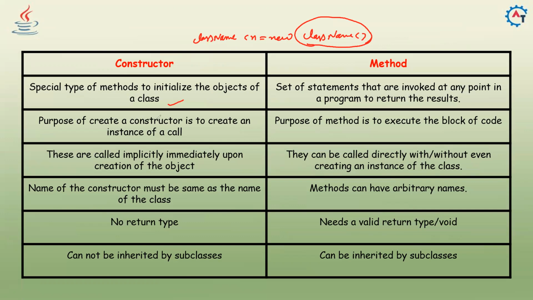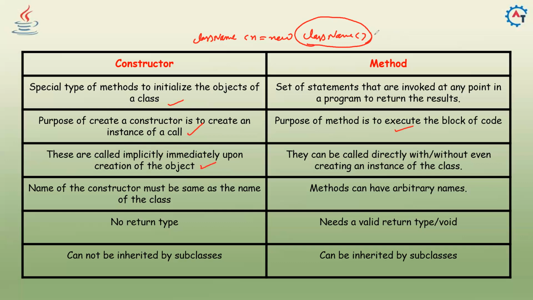The purpose of a constructor is to create an instance of a class. The purpose of a method is to execute a block of code. Here also you can execute a block of code, but the main purpose is to create an instance of the class. Constructors are called implicitly and immediately upon creation of the object.